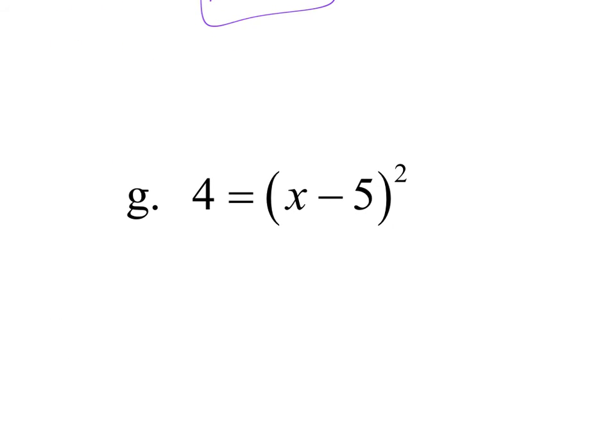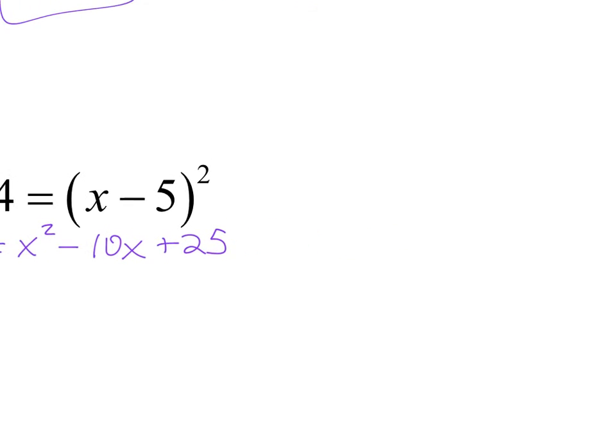All right, let's look at this. Now, this is just not nice. I'm going to have to FOIL this, combine the 4 in, have it all equal 0, and then refactor it. What a pain. But there you have it. So, I FOIL. I have x squared minus 10x plus 25.